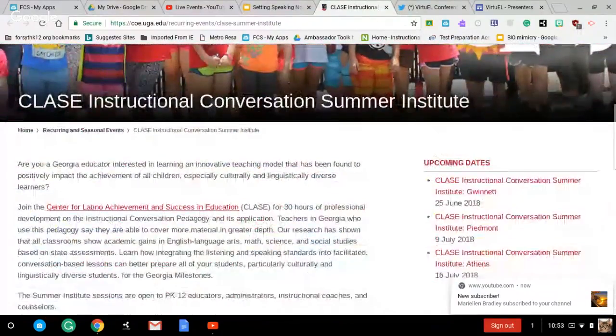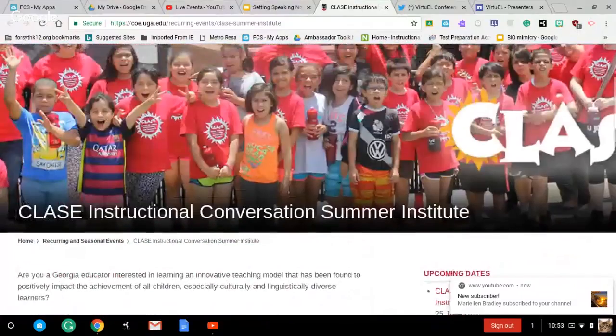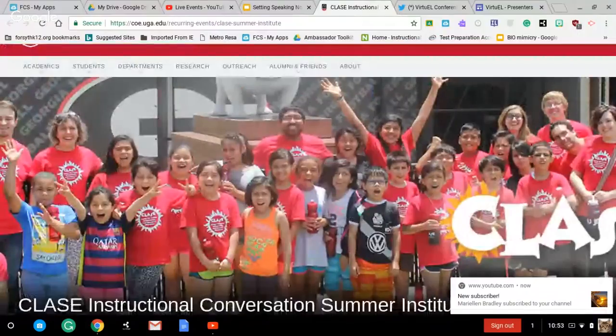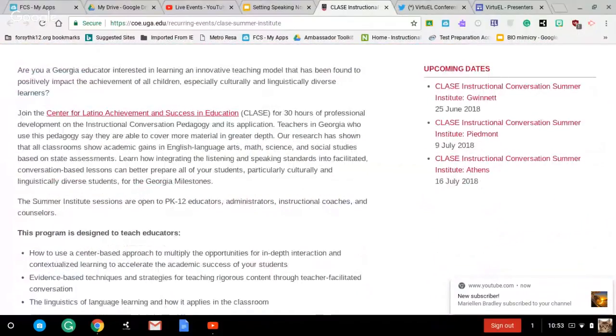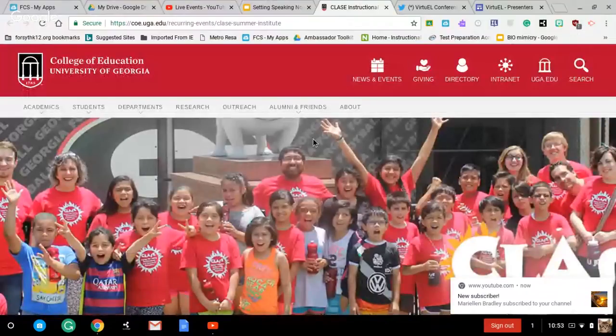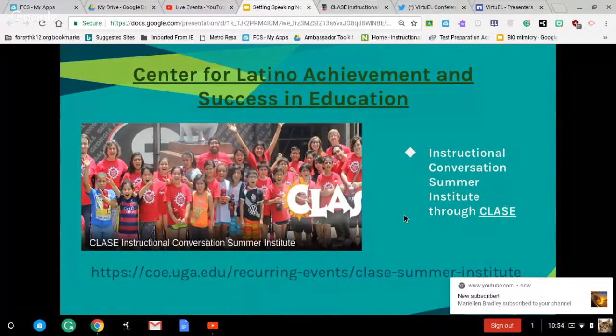If you contact them and let them know that you are interested in the cards, they will send it to you. But you have to contact Dr. Mellon, and it's a whole institute. Once you go through it, you become part of a community of educators that are big in having academic conversations, and there's just so much.